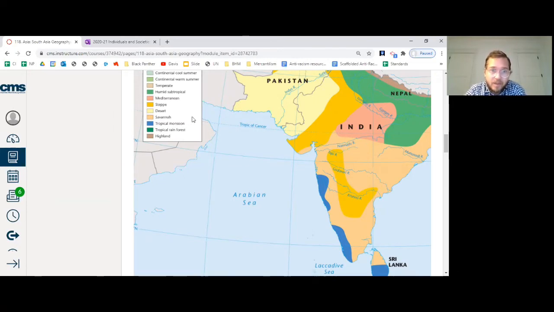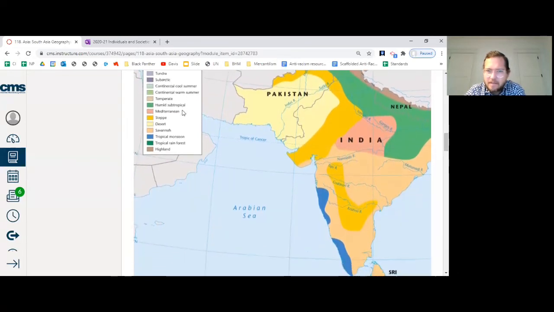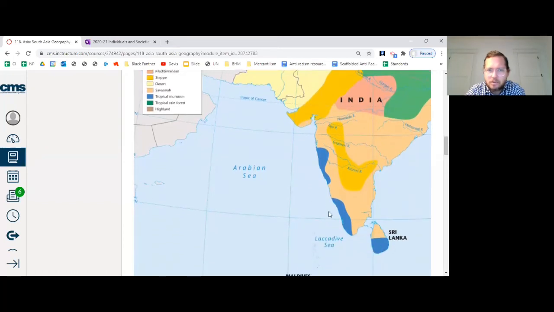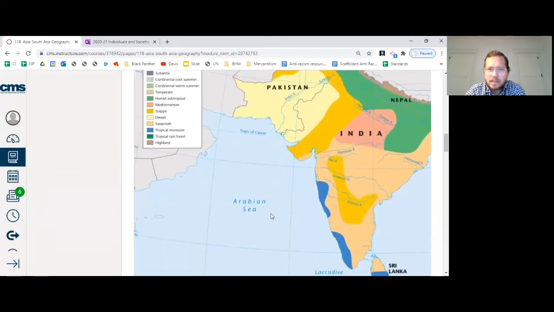Is it going to be savanna? Is that desert? Is that highland? Is it temperate? What do you think that is? My guess says it's savanna. And then the blue one is going to be much easier, right? Tropical monsoon. I think it's savanna, y'all. Let's zoom in.